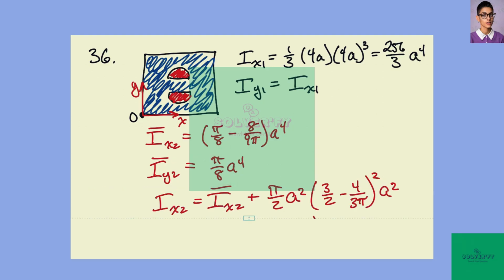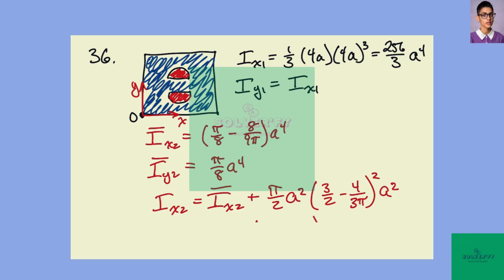Now, we can figure out the area moment with respect to this point by using the parallel axis theorem. So we have the area moment about the centroid of this one, plus its area times the distance from this x-axis to the x-axis of the centroid, squared.